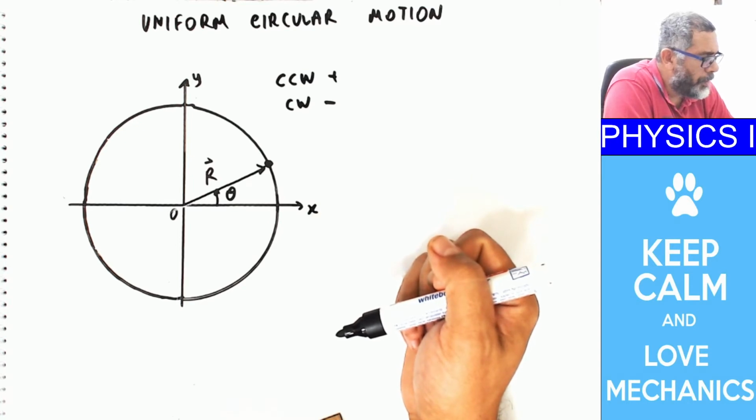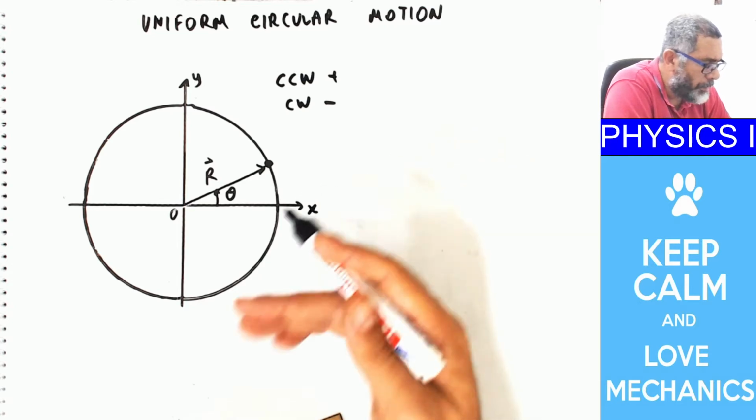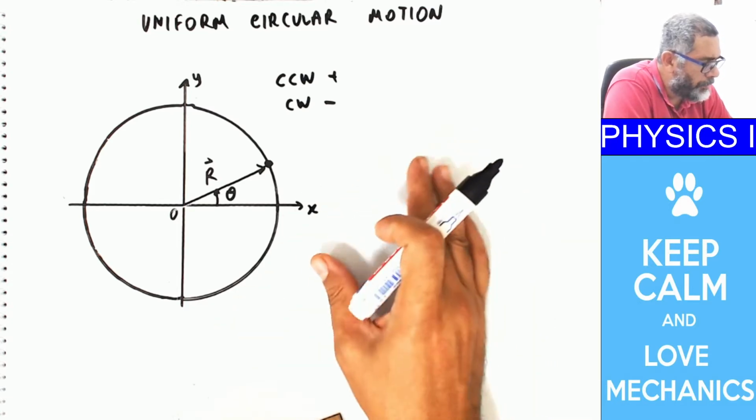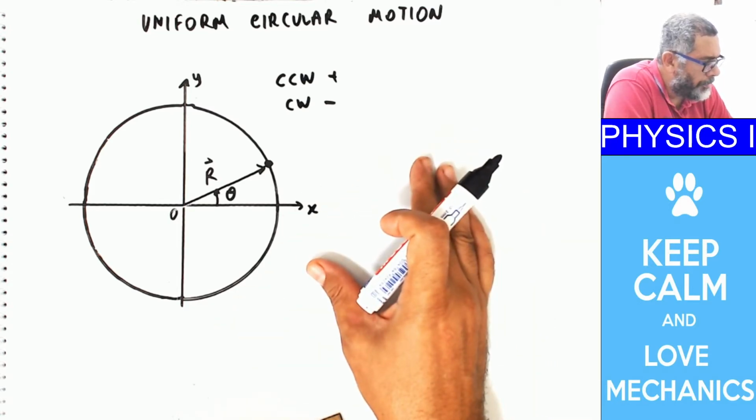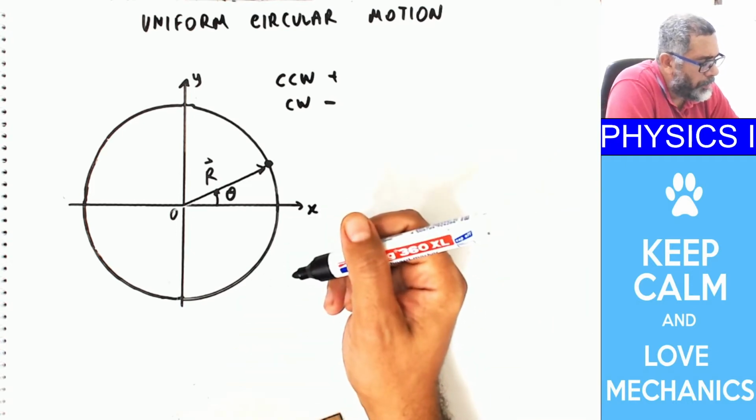This angle is usually measured in radians. Let's give a numerical example.